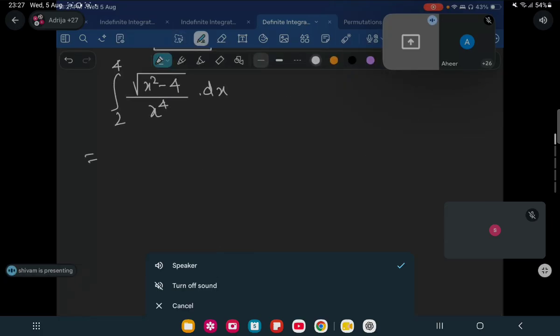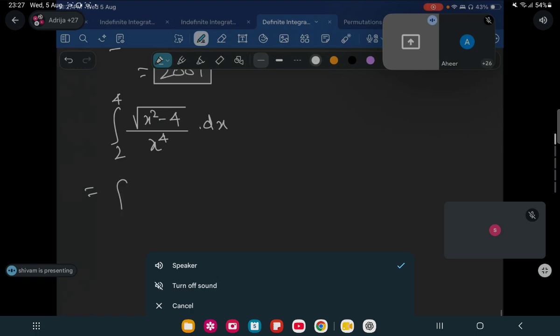Oh, wait a minute. Let us divide by x. It would be better. We'll get integral from 2 to 4 root over 1 minus 4 by x square, divided by x cube dx.